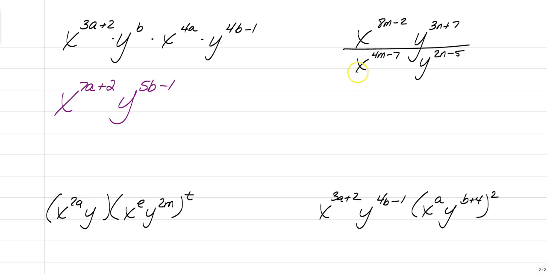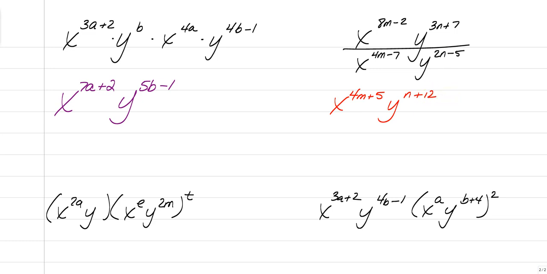Okay, remember when you divide you are subtracting the exponents. So 8m minus 4m is 4m, and a negative 2 minus a negative 7 is a positive 5. And then you have your y. 3n minus 2n is 1n, and 7 minus a negative 5 is going to give you 12.